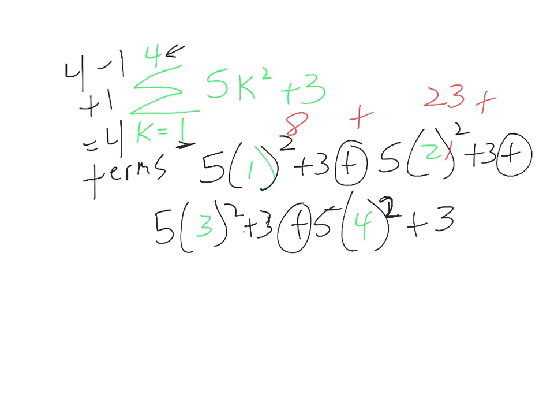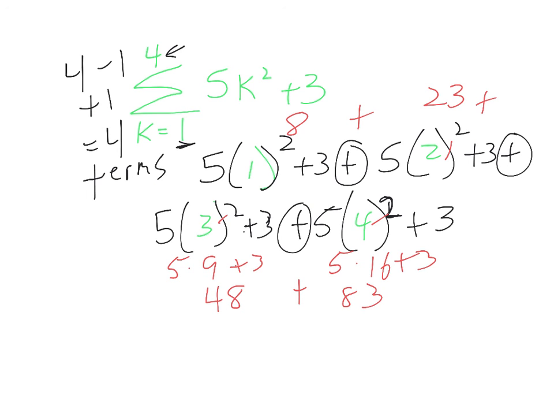Plus 5 times, all right, 3 squared is 9. 9 times 5 plus 3, that's 48. And then we're adding again. 4 squared is 16, times 5 plus 3. So that's what? 80, 83.